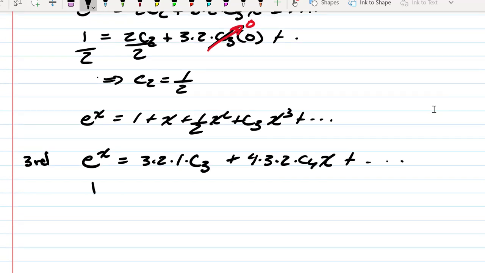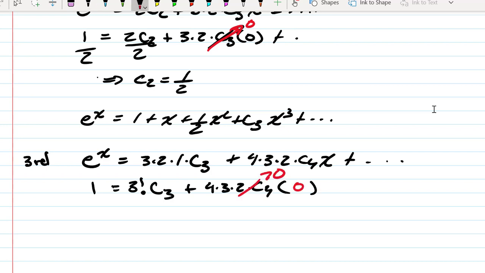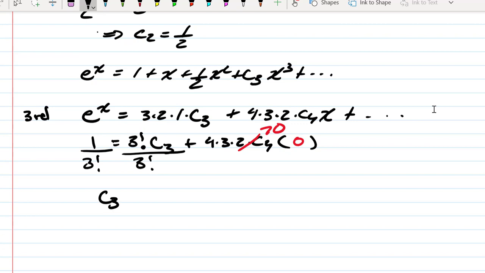If we evaluate that at 0 once again, we get 3 times 2 times 1, which I'm going to write as 3 factorial c3, plus 4 times 3 times 2 times c4 times 0. And once again, all of our higher order terms are going to be 0. So if I divide by 3 factorial on both sides, I get that c3 is 1 over 3 factorial.